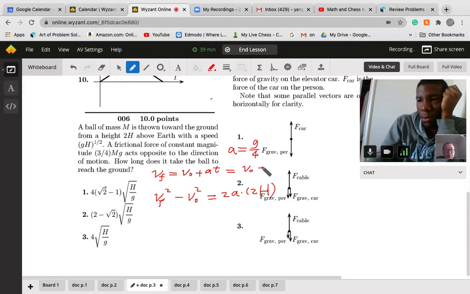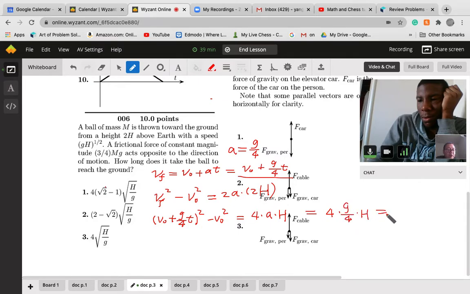Vf equals V0 plus g over 4 times T. Then substituting this expression for Vf, we got V0 plus g over 4 times T, squared, minus V0 squared, and this equals 4 times A times H. A equals g over 4, so this equals 4 times g over 4, then times H. So that means this equals g times H, right?